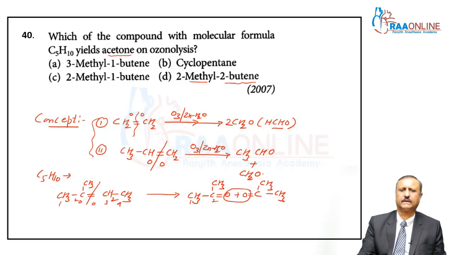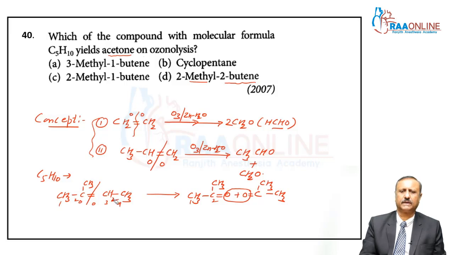So my dear students, you get 5 carbon atoms, and hydrogen is 3 plus 3, 6 plus, and only one hydrogen atom is here.